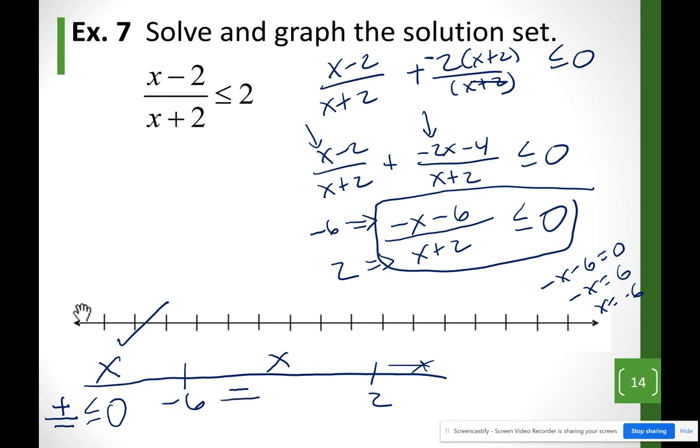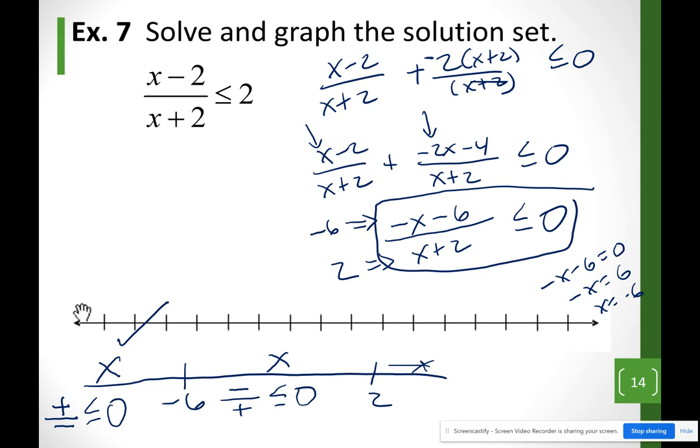At the bottom, x plus 2, I have a positive. Is a negative times a positive less than or equal to 0? Yes.